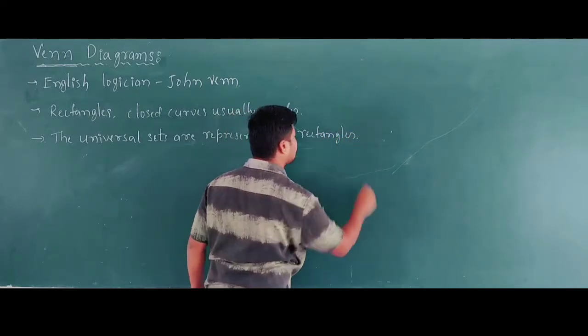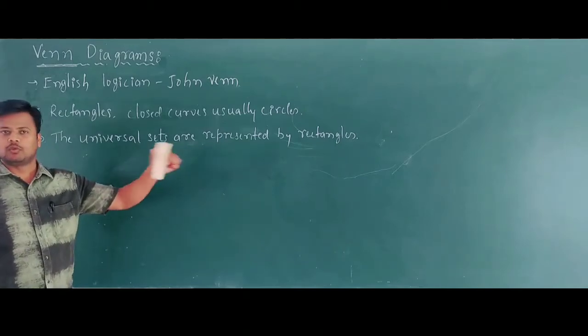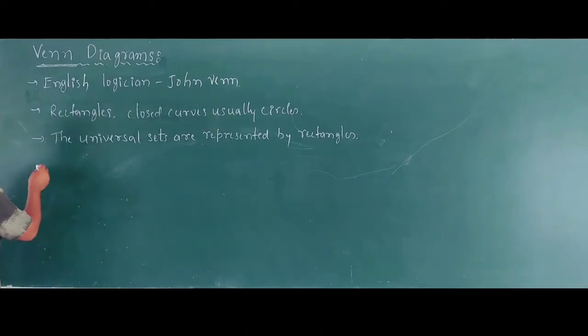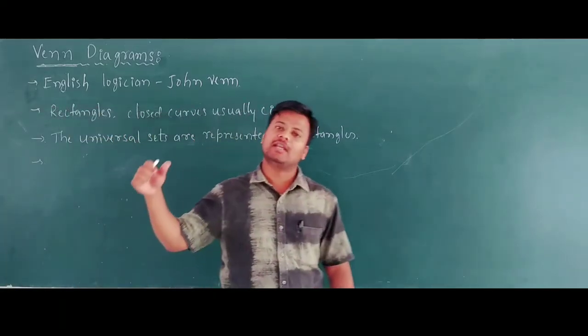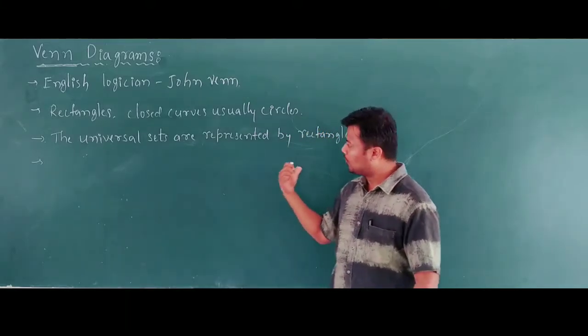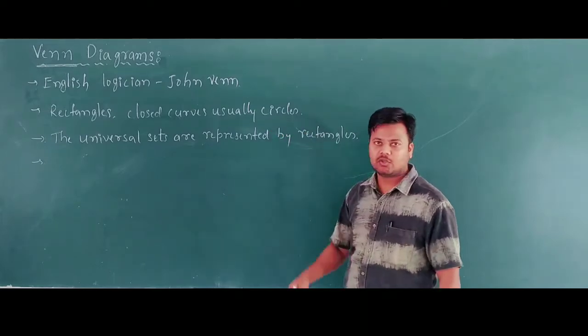Usually, to represent the universal set we use rectangles. Next, these circles are used to represent the subsets of the universal set. To represent a subset of the universal set, we use circles.